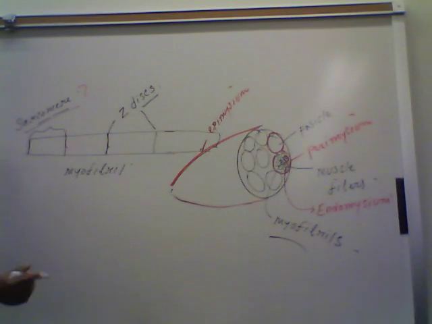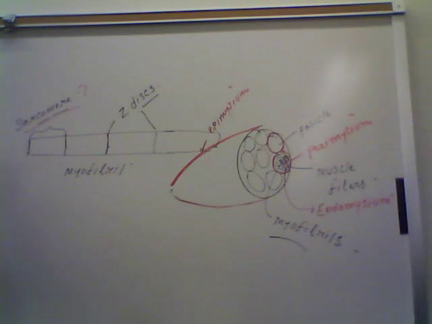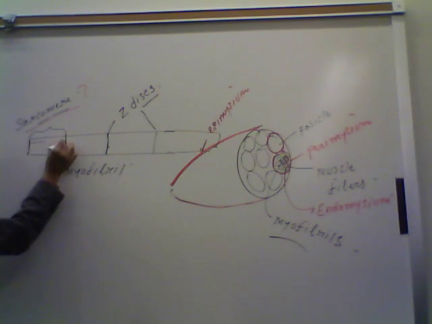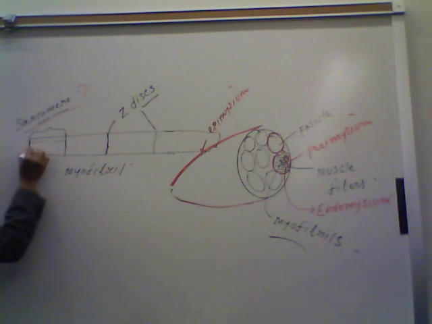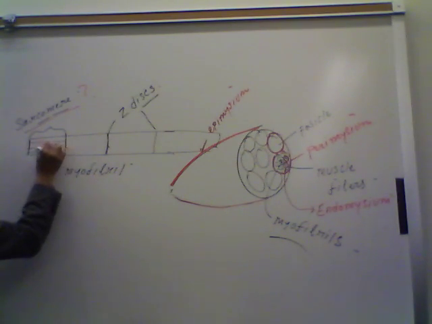Inside the sarcomere, you have two types of filaments, thick and thin filaments. Those are protein filaments. These are thin filaments, like this, and these are thick filaments.